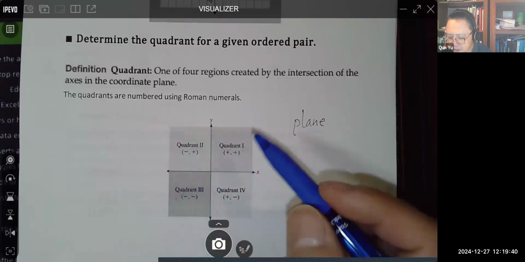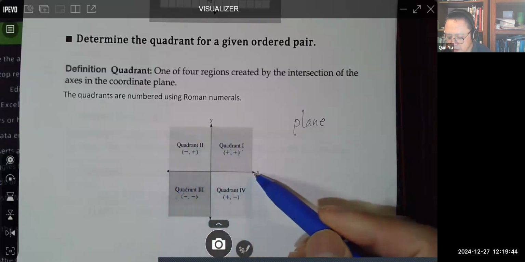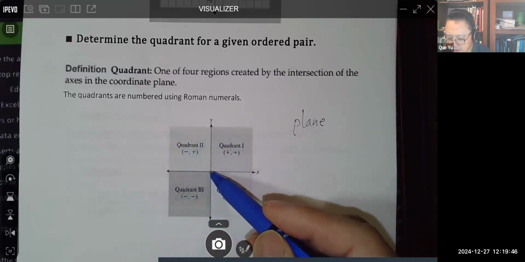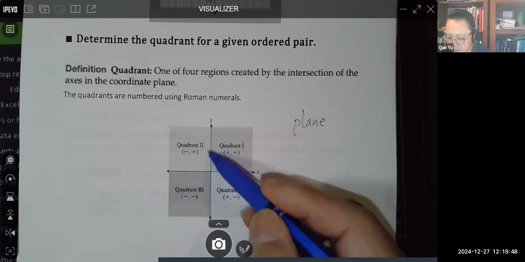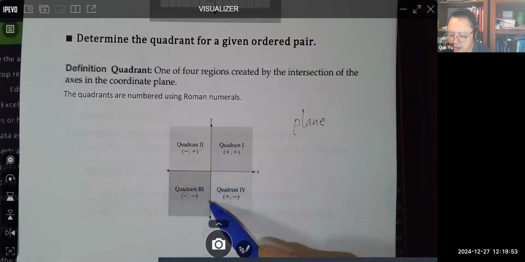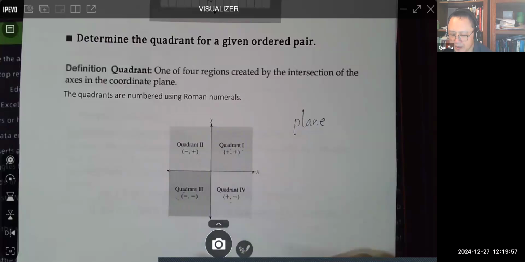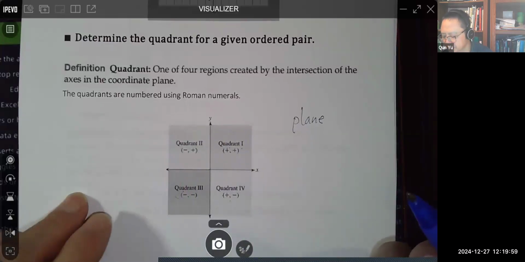In a similar manner, all y values above the x-axis will be positive, where y equals 0 and above. All the y values in the region below are negative. That's why we have all of these signs when we combine both x and y together.